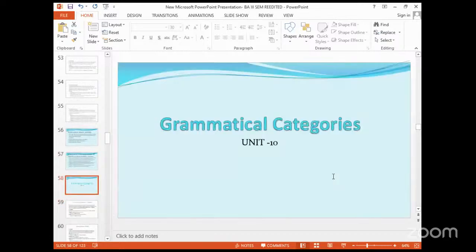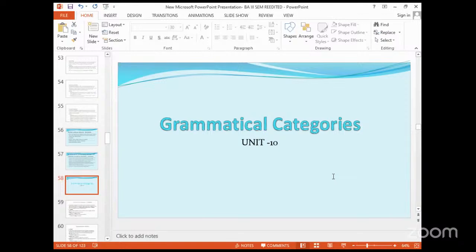Right. Let us quickly look into Unit 10, the grammatical category. So for sentences to be grammatically correct and meaningful, English grammar relies on more than the eight word classes.